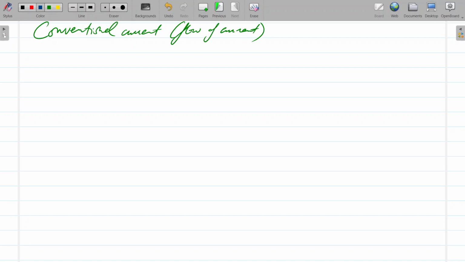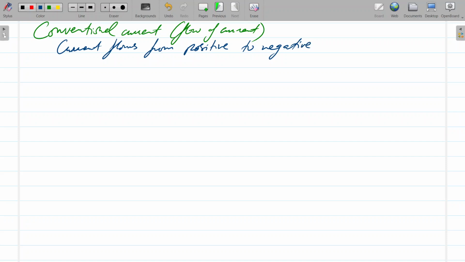In a circuit, the current flows in the direction of positive to negative, which is what we've learned.